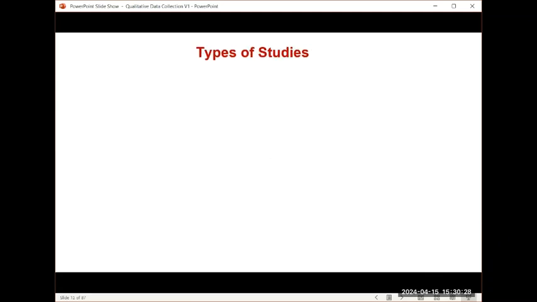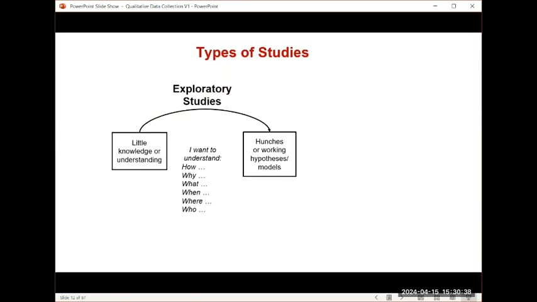So as I said, if you look at the back end of aims and sort of this whole process is really probably two fundamental types of studies. One type is exploratory. All right. And exploratory, what you're really doing is you're going from knowing a little to knowing more. You're really trying to go from sort of being ignorant to at least having some hunches or working hypotheses.